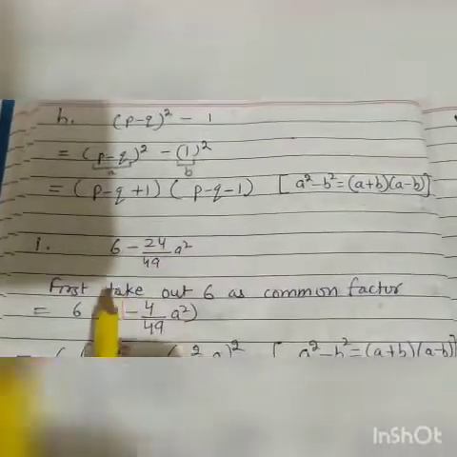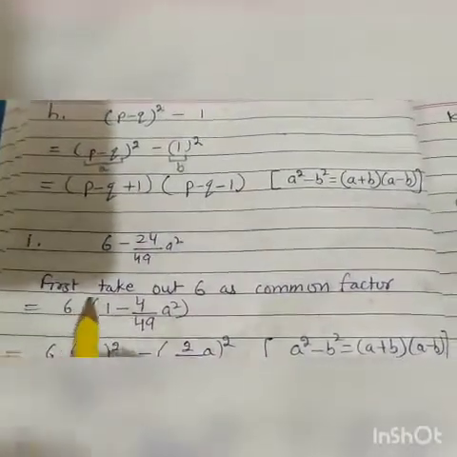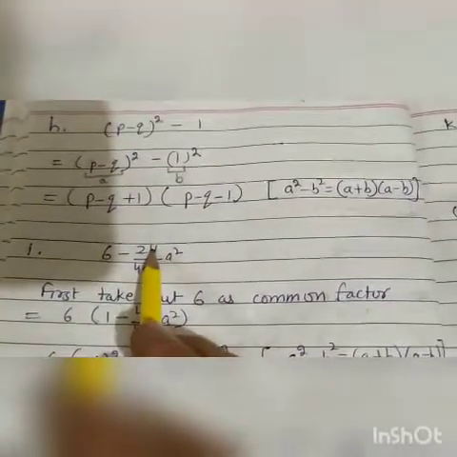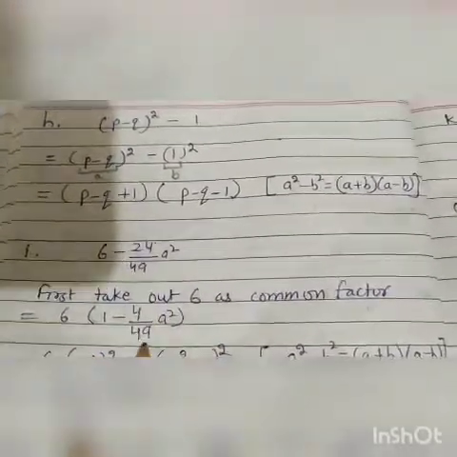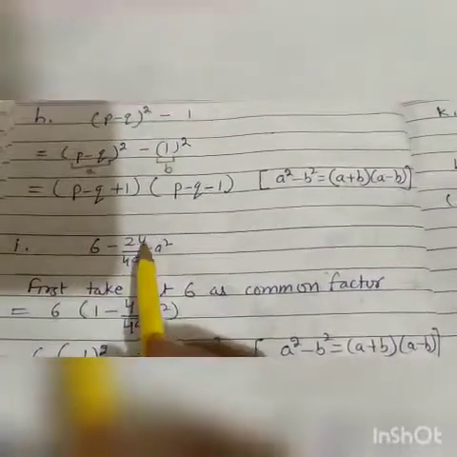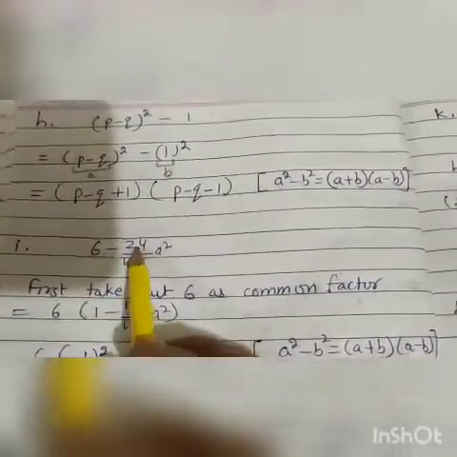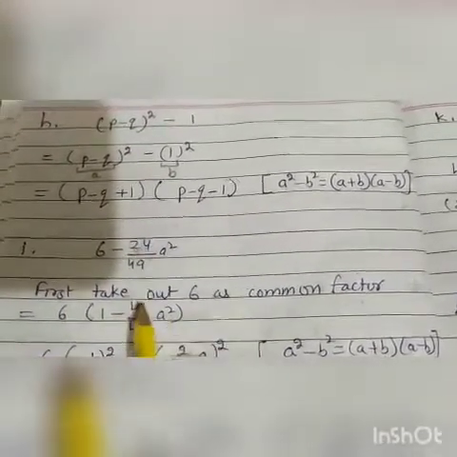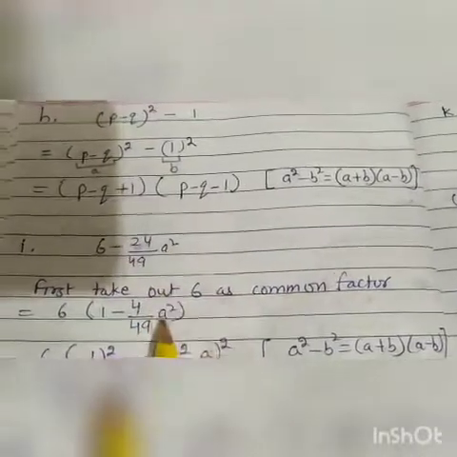So we can take 6 as a common factor. Then 6 ones are 6 minus 6 fours are 24. Students, when we take common 6 from a rational number, then only the numerator can be divided, not the denominator. So 6 fours are 24 upon 49 a square.